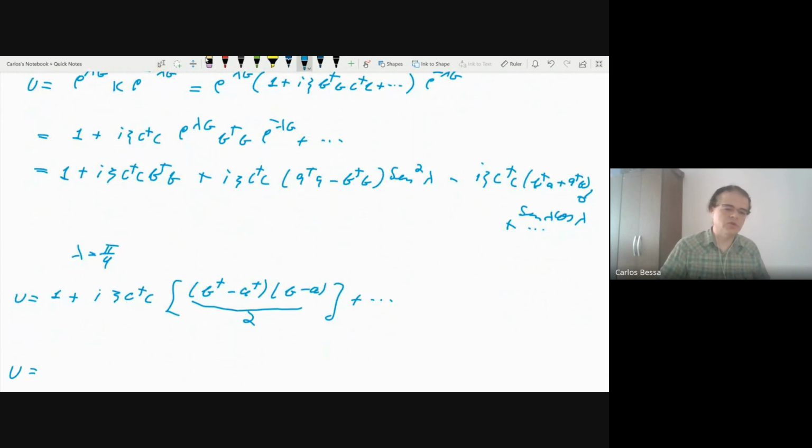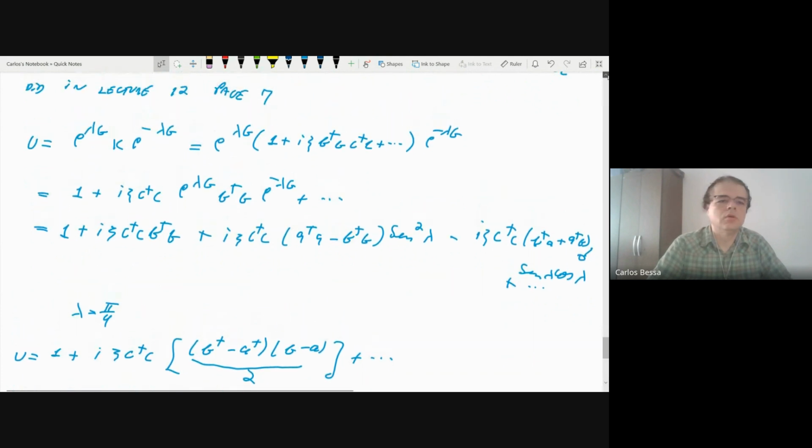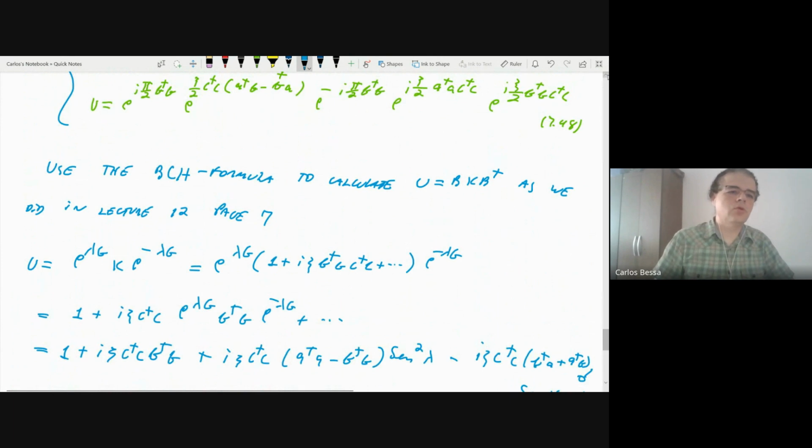That's the exponential that we have. Okay. So I'll leave the details between these equations for you guys. It's homework. Okay, so this in blue is homework.